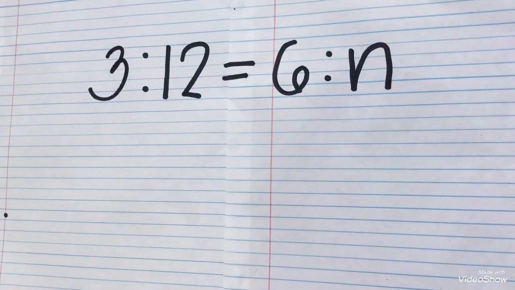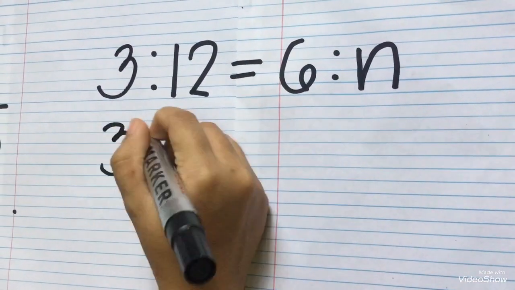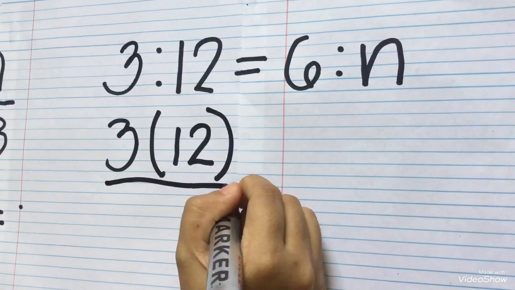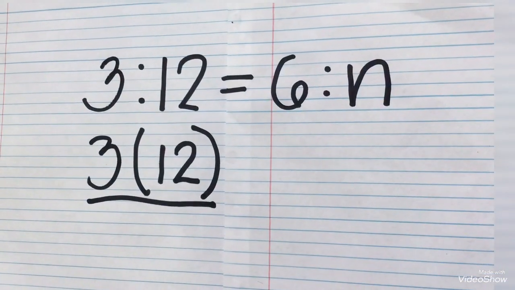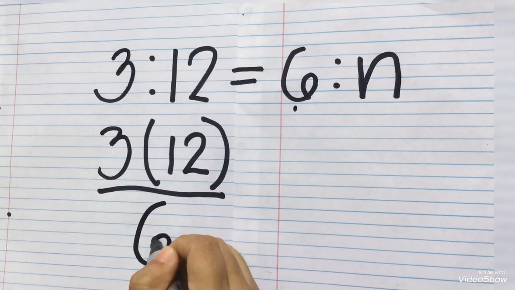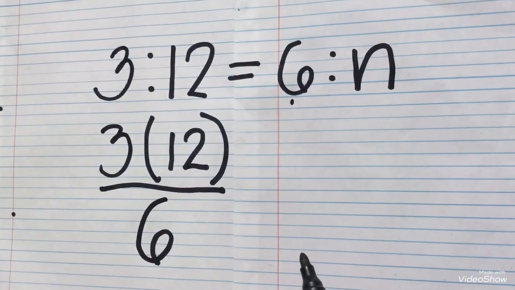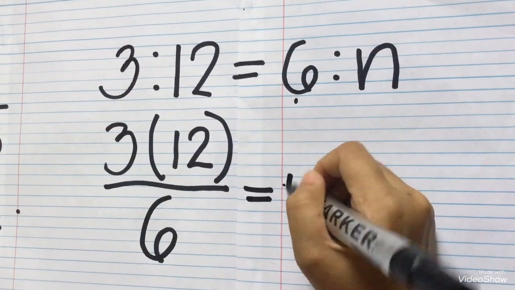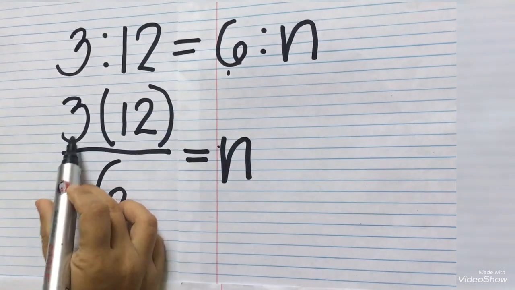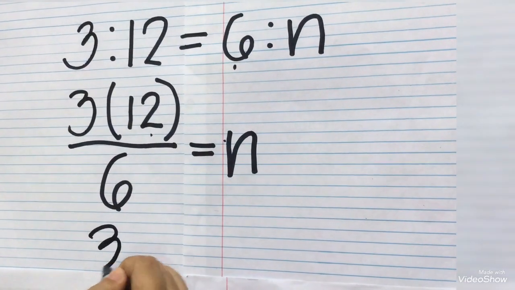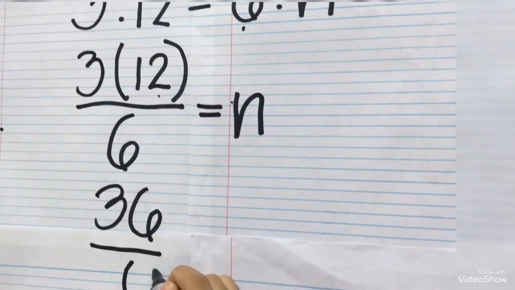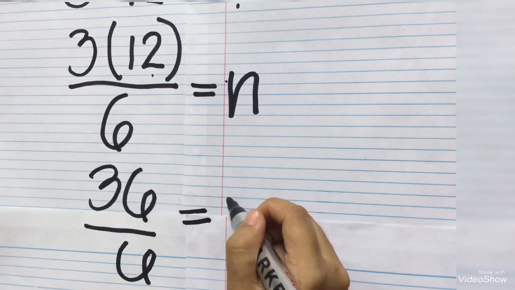We are going to multiply 3 by 12 divided by the given number 6 is equal to n. 3 times 12 is equal to 36 divided by 6 is equal to n.